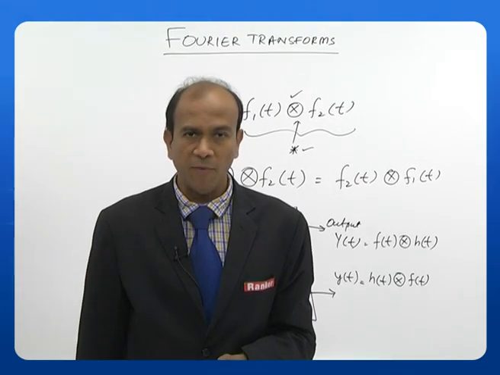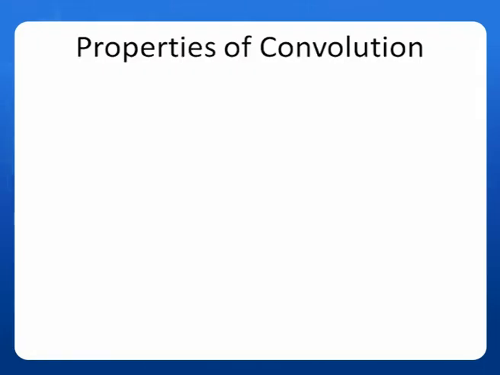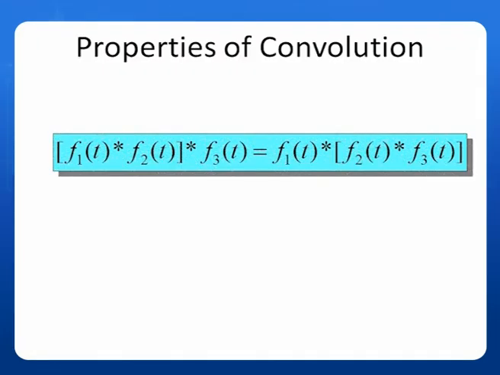Let us see another property of convolution. Here, if you see f1(t) convolved with f2(t), and the whole thing convolved with f3(t), then that will be equal to f2(t) and f3(t) convolved, and the whole convolved with f1(t). So let us see this.